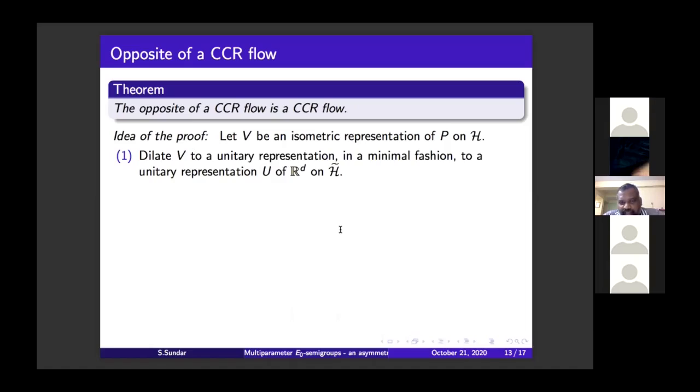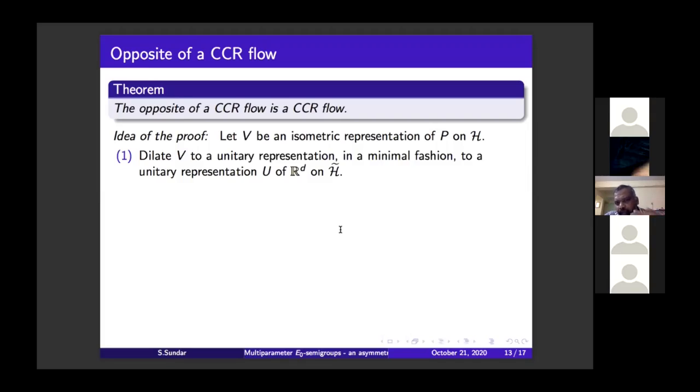You can always dilate that to a unitary representation. What I mean by that is that you can put the Hilbert space H in a bigger Hilbert space H tilde, and you have a unitary representation U of the group R^d such that V is the compression of U on H. So you can always dilate it, but you dilate it in a minimal fashion.